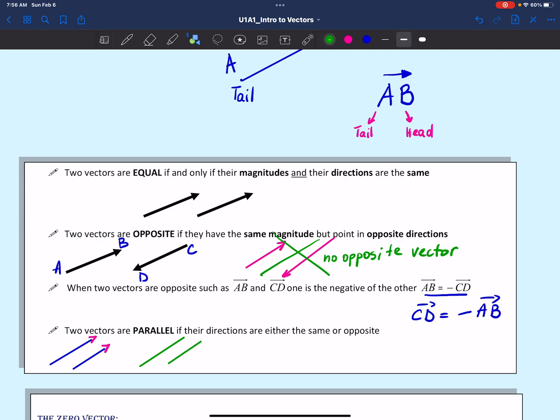They go in opposite directions, but they're still parallel, right? And let's make up one more example. We have two equal vectors. They're always parallel. And two opposite vectors also are always parallel to each other.